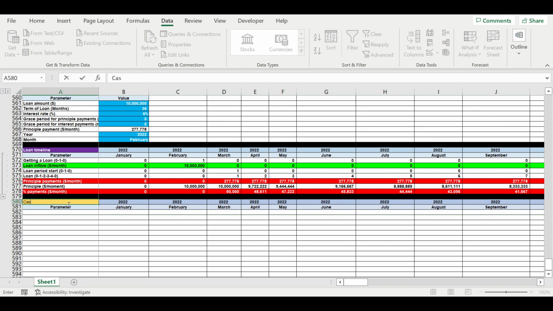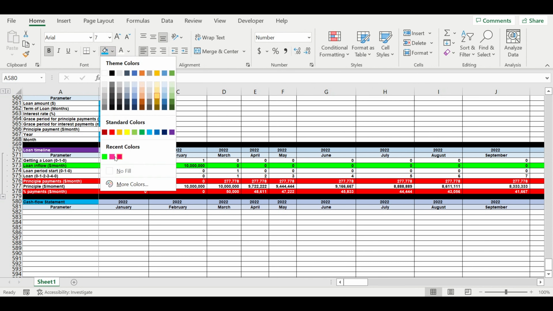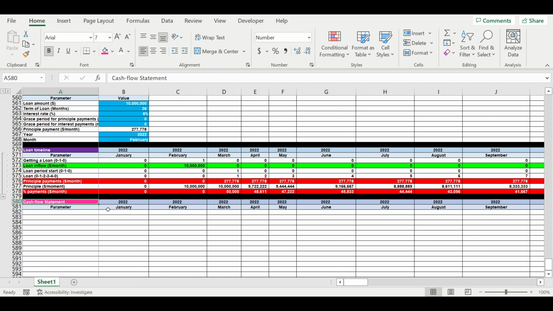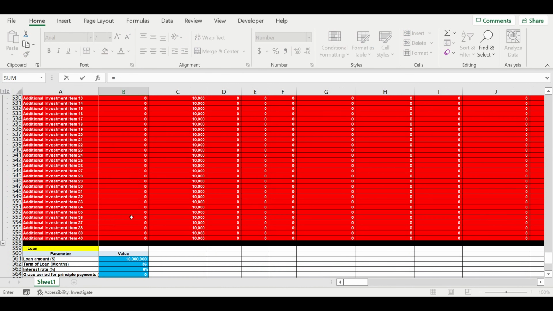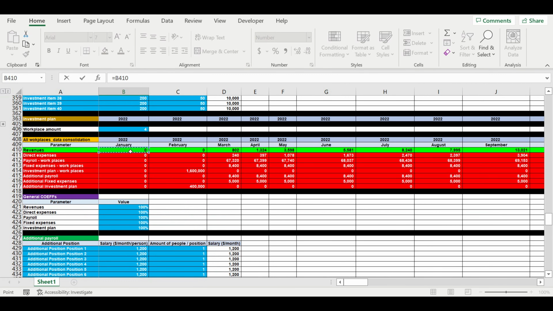I will name it cash flow statement. So I will start with the revenues. By the way, it is an almost 100% automated statement.